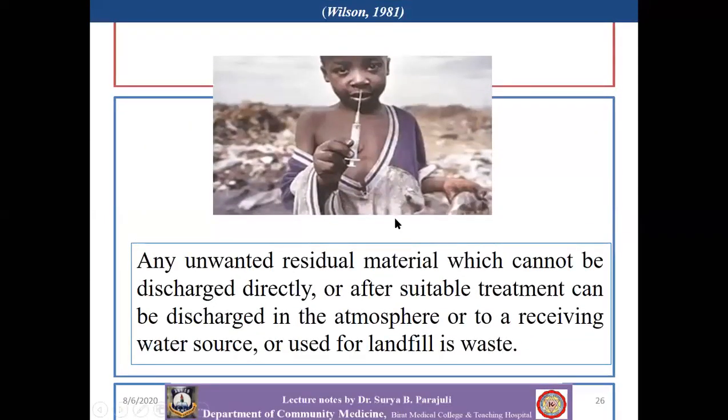See the scenario. Wilson wrote in 1981: any unwanted residue. We can see this figure; this is our real example. You can see this boy is carrying a needle in one hand and a fish in the other. He may get pricked by this syringe and may transmit hepatitis B or C or HIV. And from this fish, maybe lead poisoning.